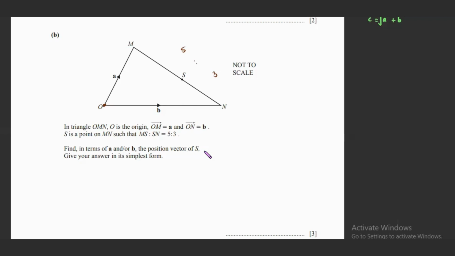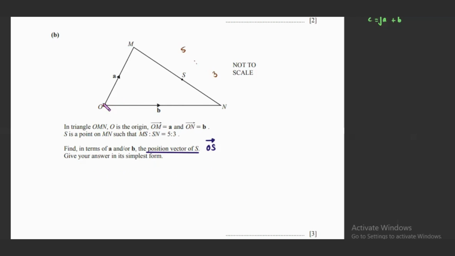When they say the position vector of S, it means that from the origin, you need to find where S is. The origin is O, which is already mentioned in the question, so we are supposed to find what O to S is. And we need to write our answer in the simplest form.